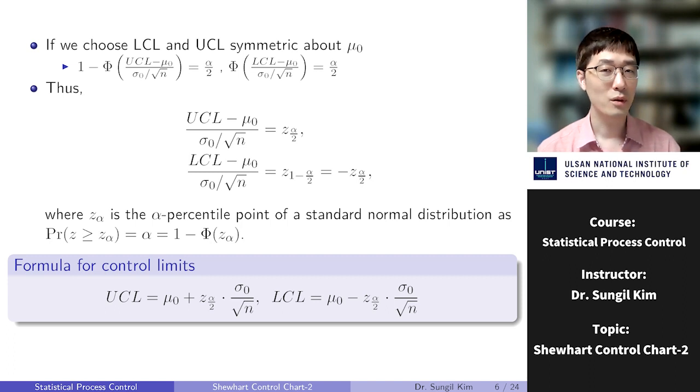If we choose the lower control limit and upper control limit to be symmetric about mu0, then we obtain formulas for the upper control limit and lower control limit respectively. As a result, the upper control limit is mu0 plus z alpha over 2 times sigma 0 divided by square root n, and the lower control limit equals mu0 minus z alpha over 2 times sigma 0 divided by square root n.